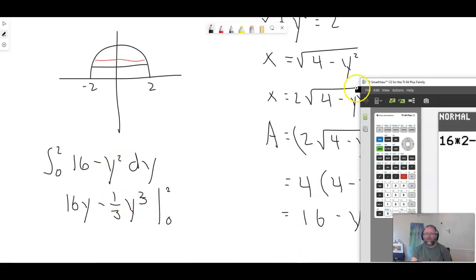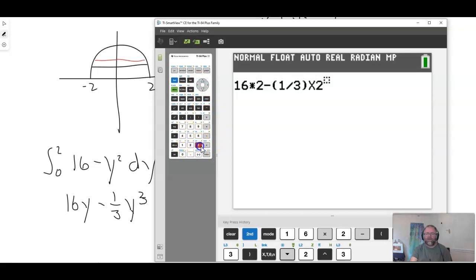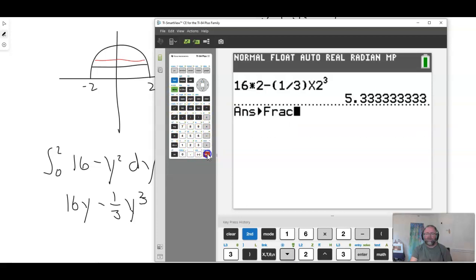Excuse me for that. And that's minus 1/3 times, in this case, 2 cubed. All right, and that gives us 16 over 3 is our final answer.